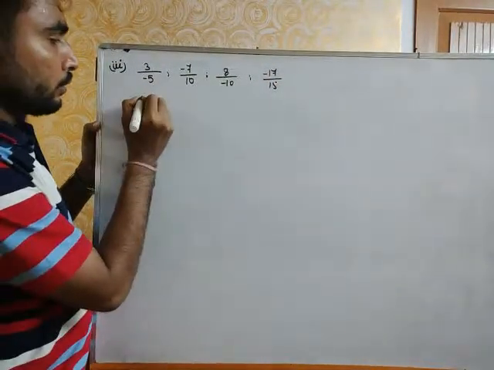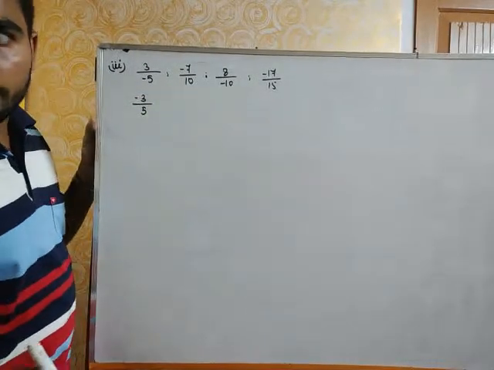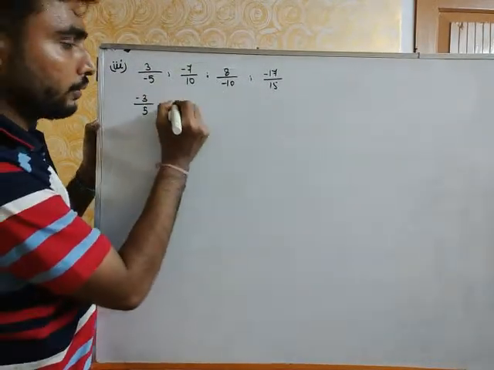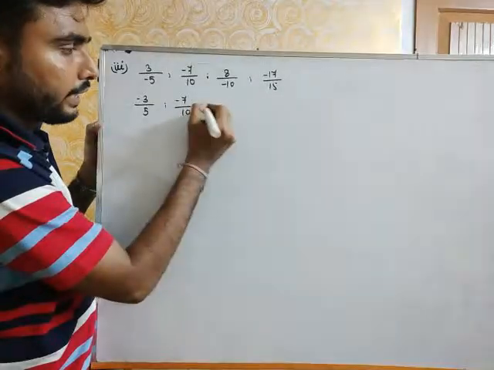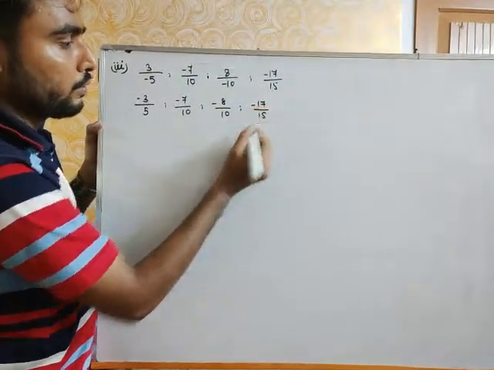So let us make the denominator positive. 5 has a negative denominator, so write the minus up in the numerator. Minus 3 by 5, minus 7 by 10, minus 8 by 10, minus 17 by 15.